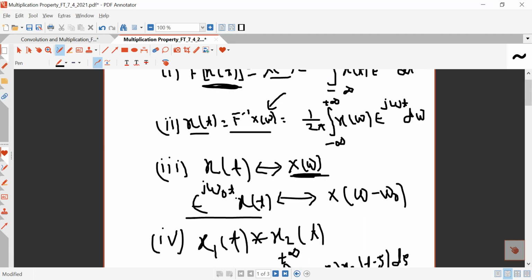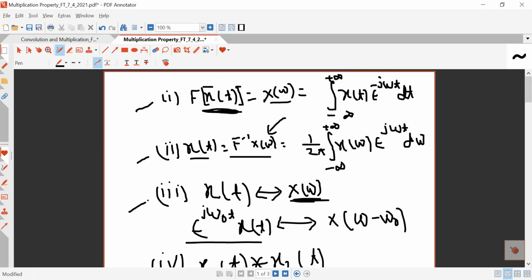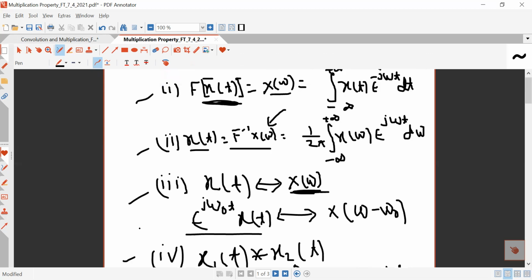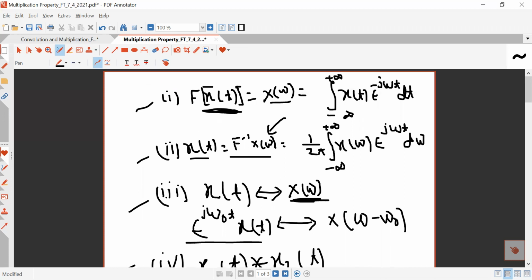I have discussed all of these formulas earlier, so you must go through those conversion formulas for a better understanding of this property.